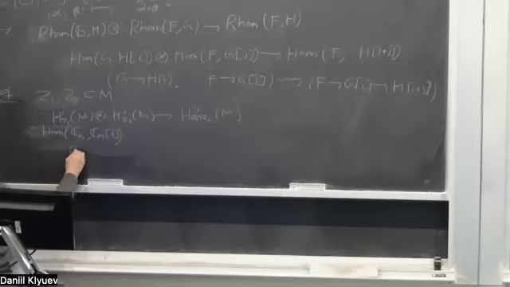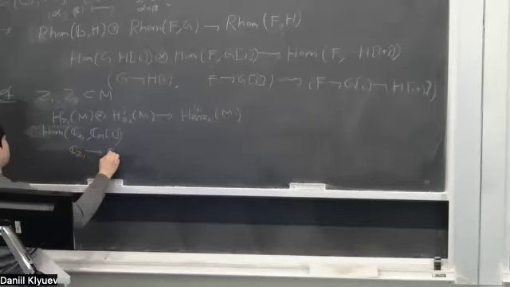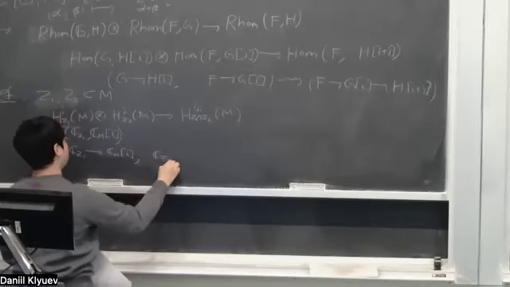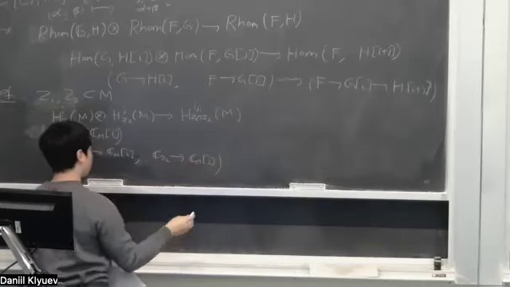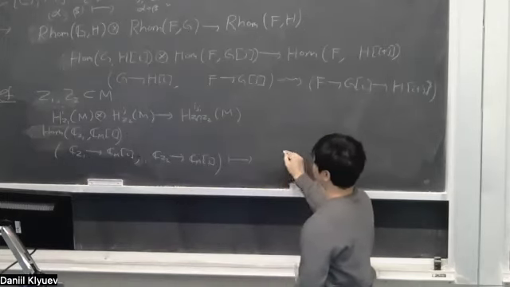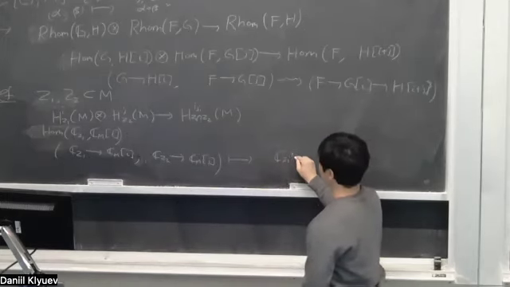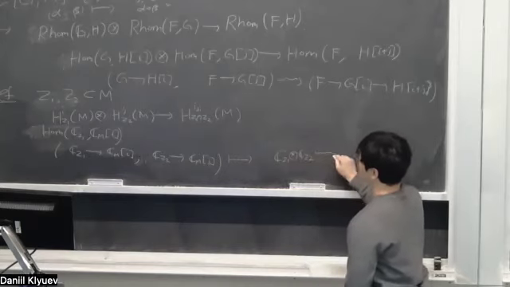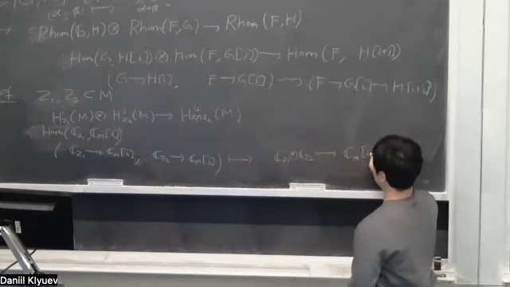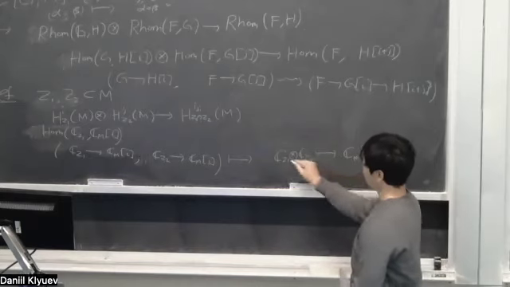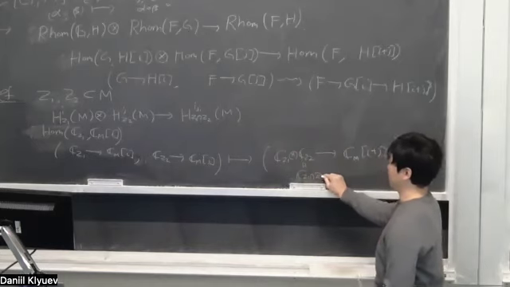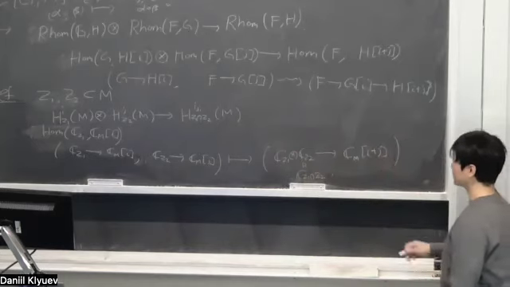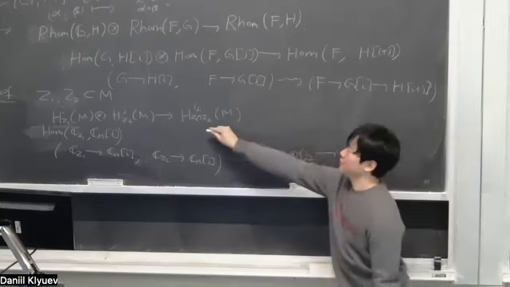So we get C_Z1 to C_M[i] and C_Z2 to C_M[j]. We can take the tensor product and get this map, and this is C of Z1 intersection Z2. So we get a map here.